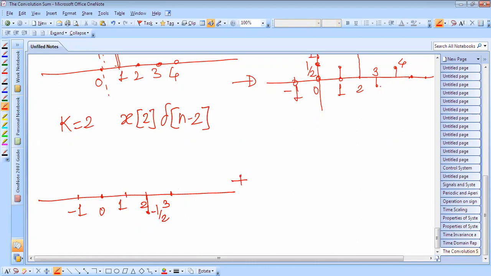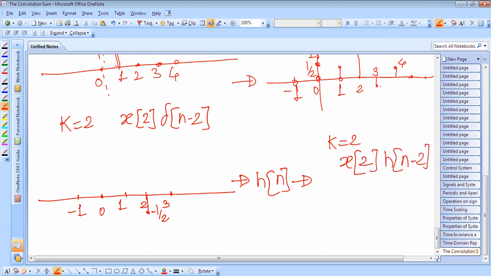Now here the impulse response h of n, when you put k is equal to 2, will be x of 2 into h of n minus 2. It is shifted by 2 units, so it will become like this.